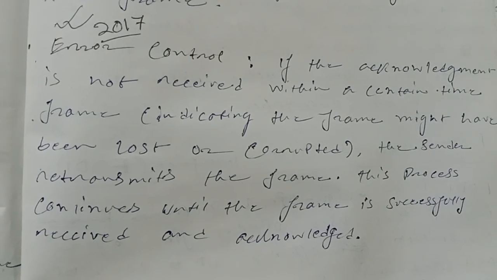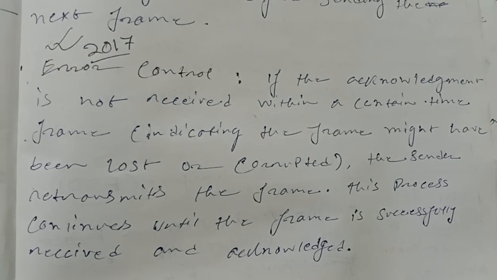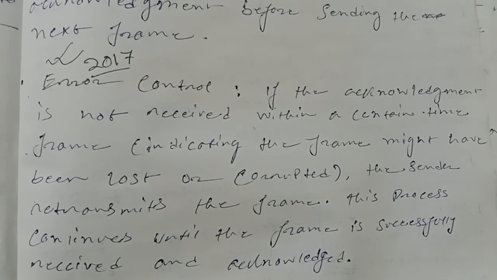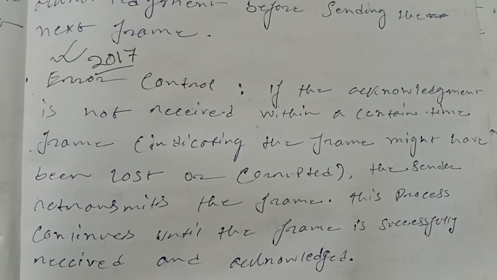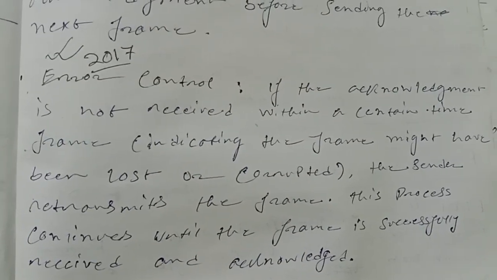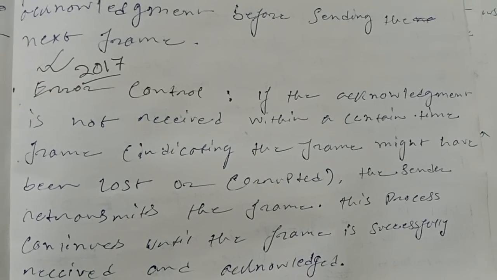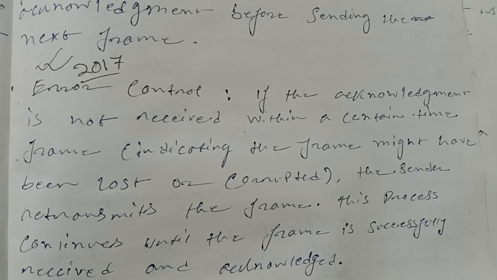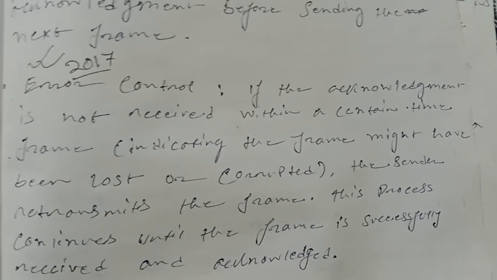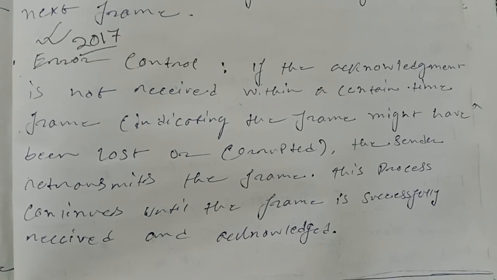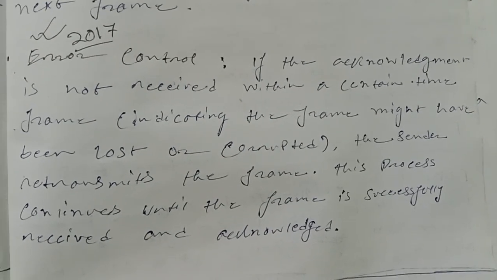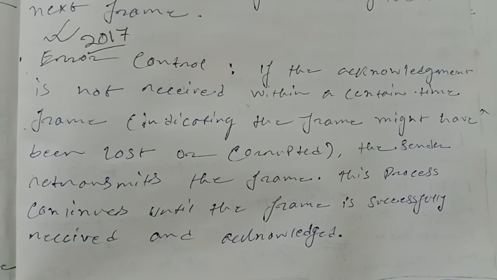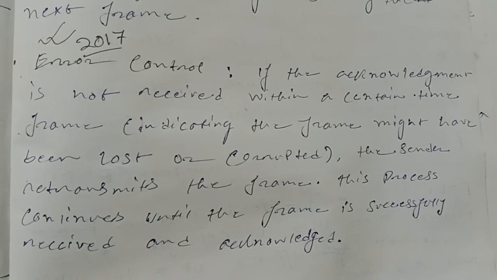Okay, so let's see again. If the acknowledgement is not received within a certain time frame, it indicates the frame might have been lost or corrupted. So sender A can assume that the frame he sent to sender B might have been lost or corrupted on the way before it reached sender B. So sender A retransmits the frame, and this process continues until the frame is successfully received and acknowledged.